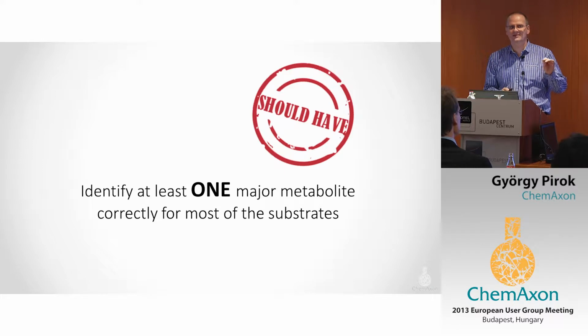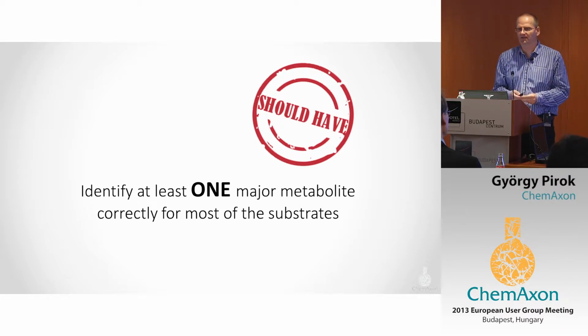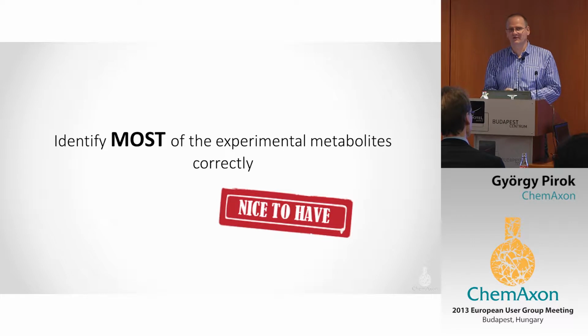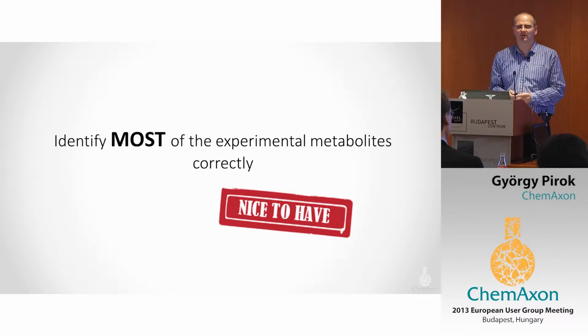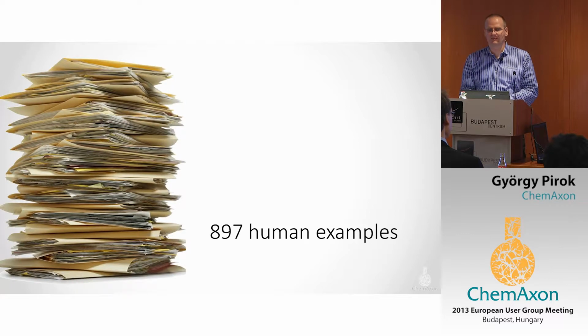So identify the major ones as well. So not just a blown up pharmacy, but select those which are likely to be detected experimentally. And a nice to have feature, we planned to identify the majority of the experimental metabolites. And certainly we knew that it's impossible to predict perfectly. So this was never a goal.